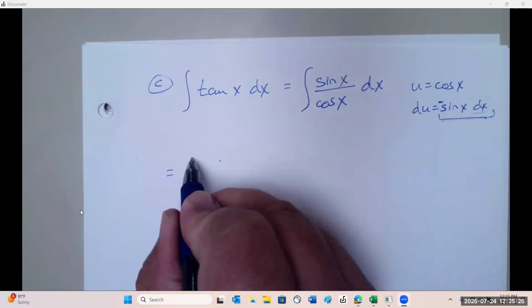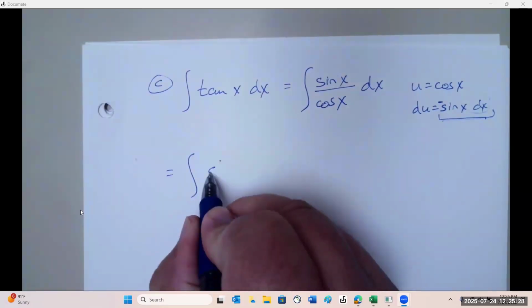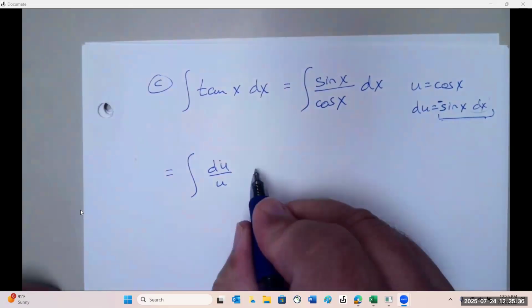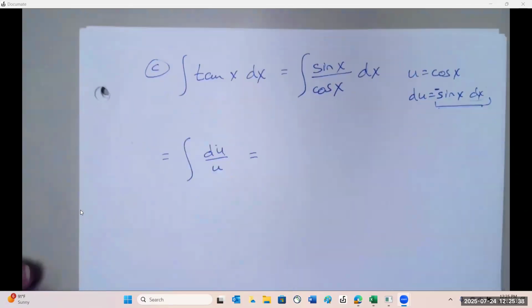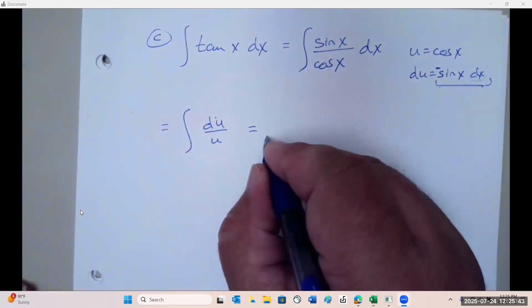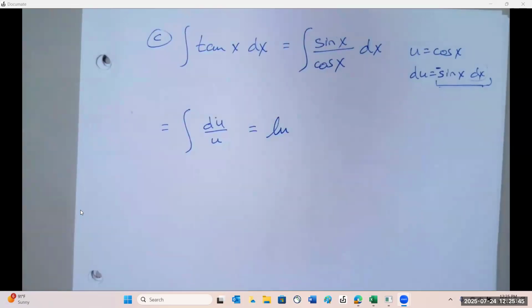So what we have now, we have du over u. So what's the integral of du over u? That's the ln function.